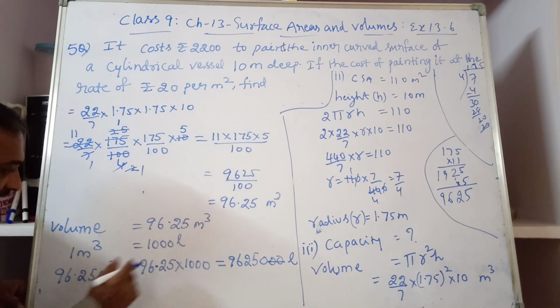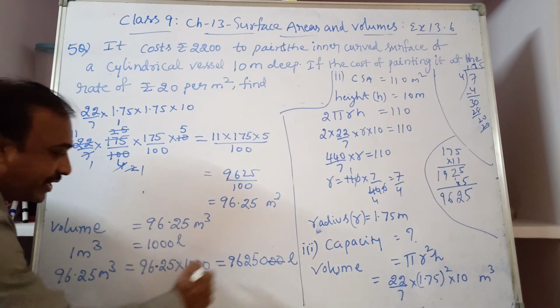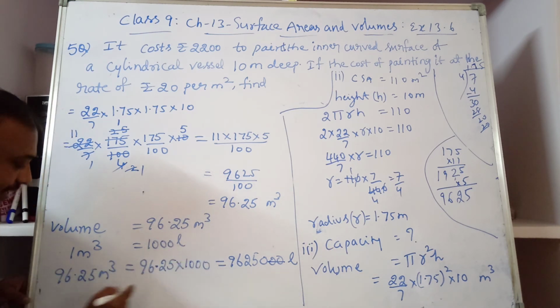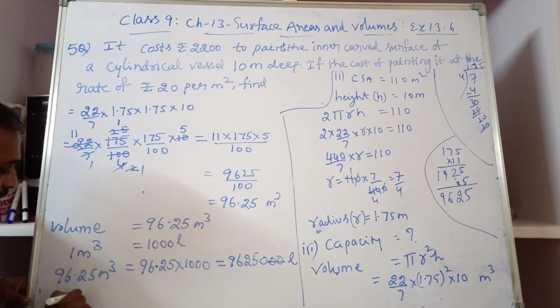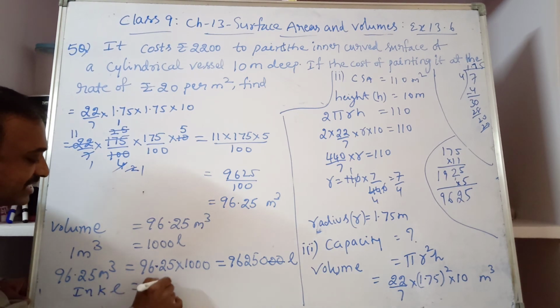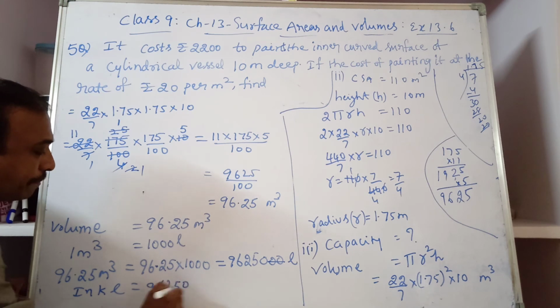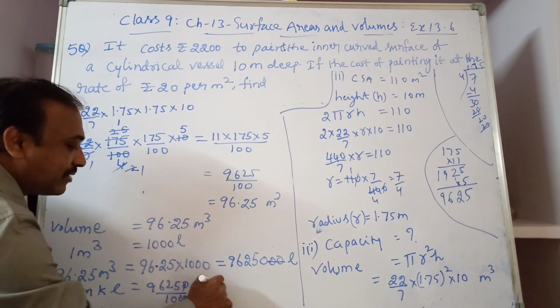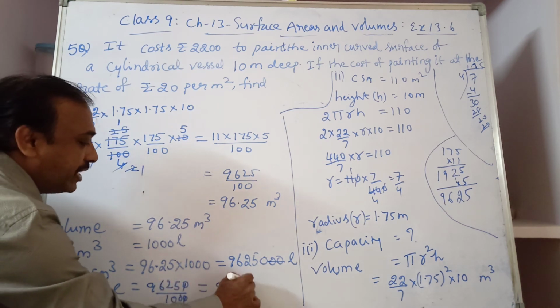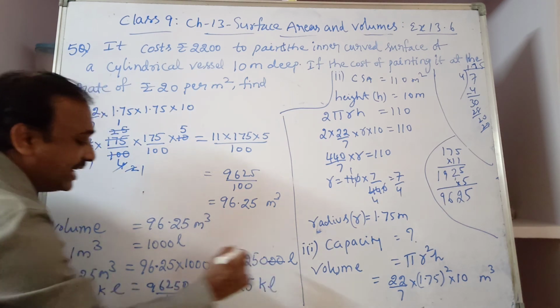So capacity into kiloliters. Kiloliters, if you divide this with 1000, so in kiloliters it means 96250 by 1000. Now place the decimal point here, cancel, which is equal to 96.25 kiloliters.